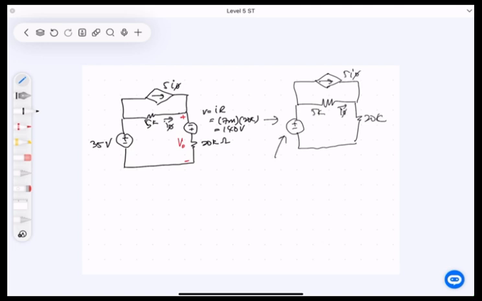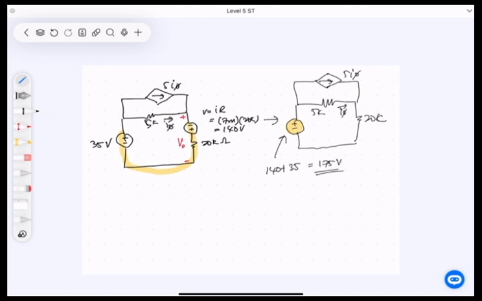Now what's the value here? Okay, these two voltage sources are of the same sign, so I know that it is just 140 plus 35. It gives 175 volt.